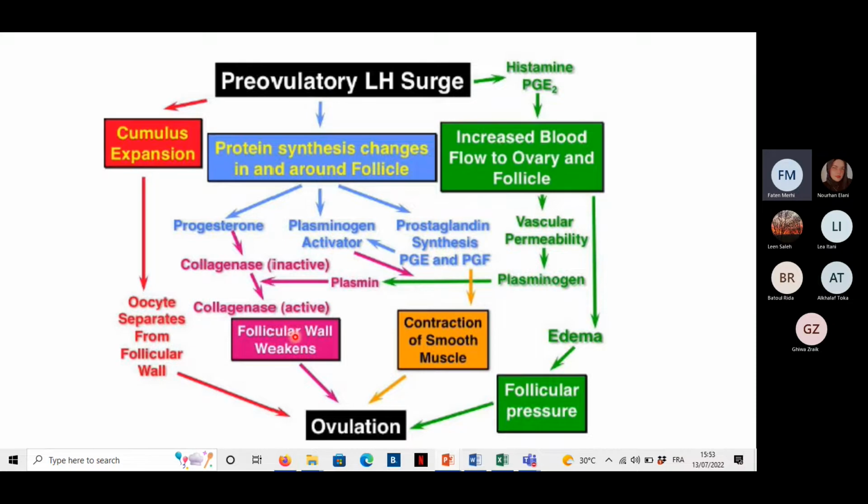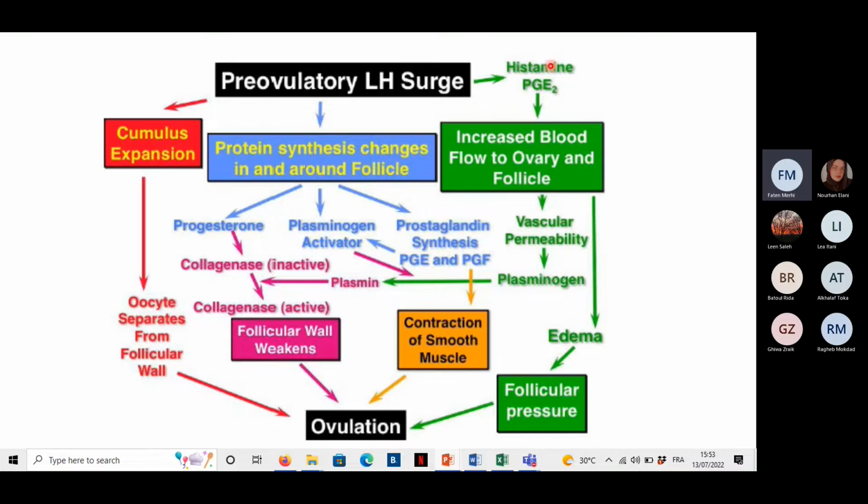So to the weakening of the basement membrane surrounding the follicle, to the weakening of the ovarian cortex at the level of the stigma, and also to the dissociation of the theca cells adjacent to the stigma, and this will help in the ovulation also.